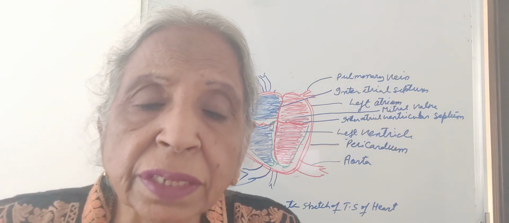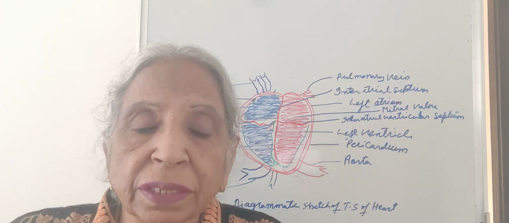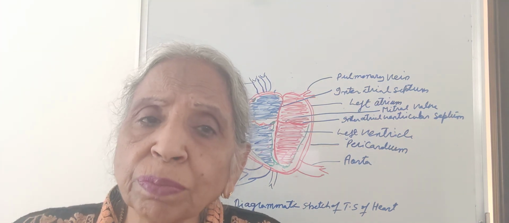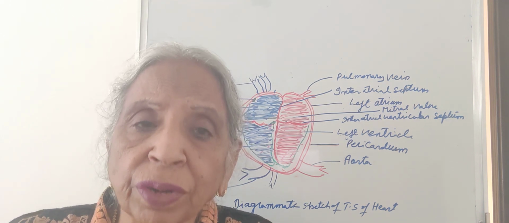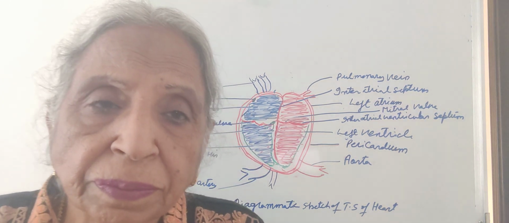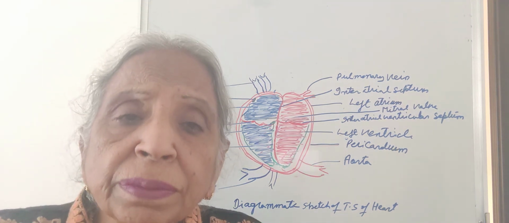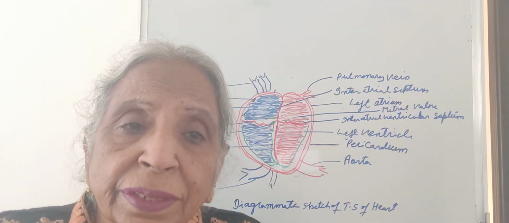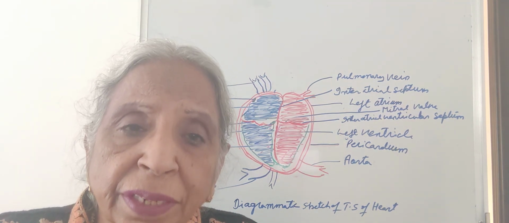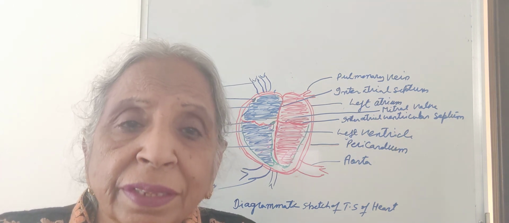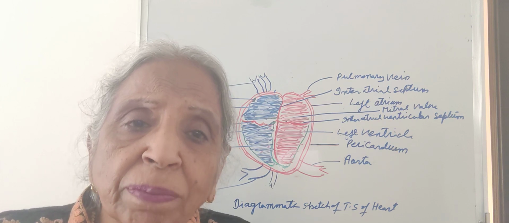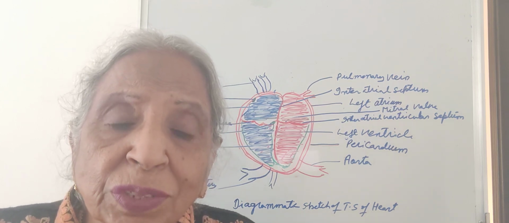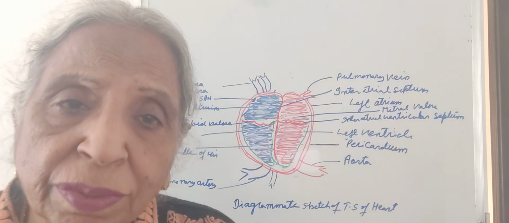And this septum also bears openings to facilitate the blood flow from the auricles to the ventricles. Between the right atrium and the right ventricle, the septum has an opening guarded by three flap-like structures, which is called the tricuspid valve.